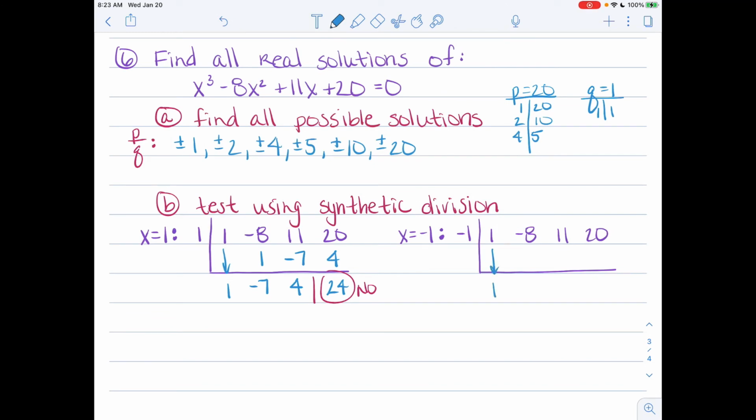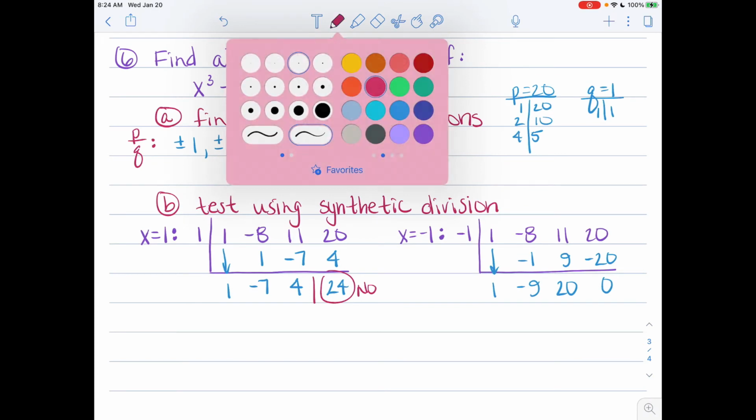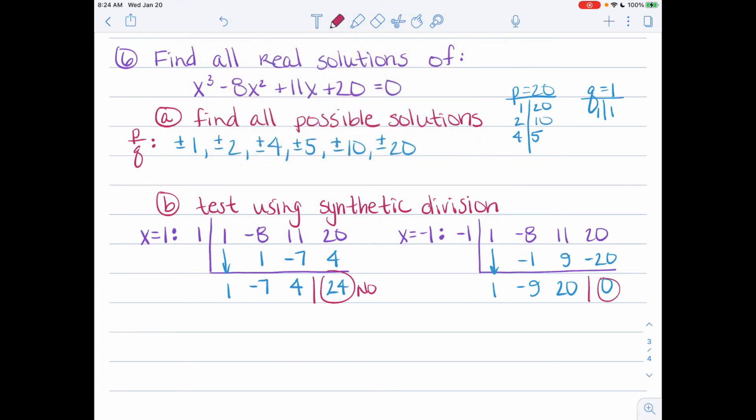Bring down the 1. This gives me a negative 1, which adds to negative 9. Positive 9 adds to positive 20. And then 20 times negative 1 is negative 20, and I get a 0. All right, that's what I was looking for. This is a big yes.